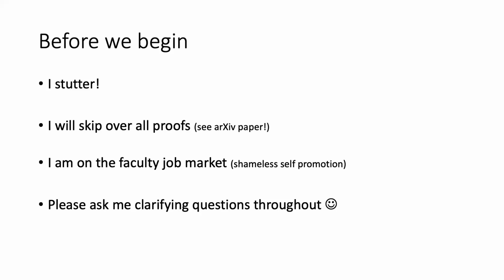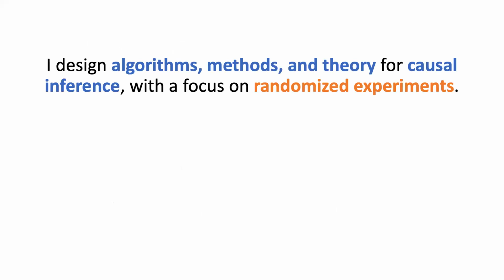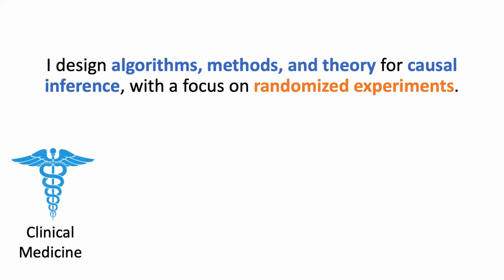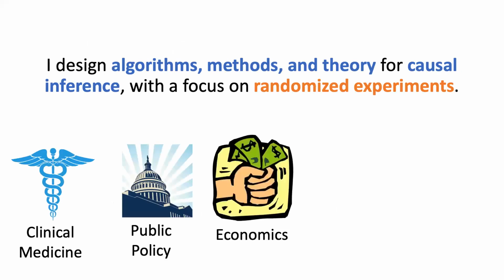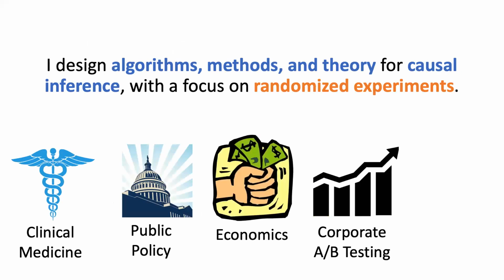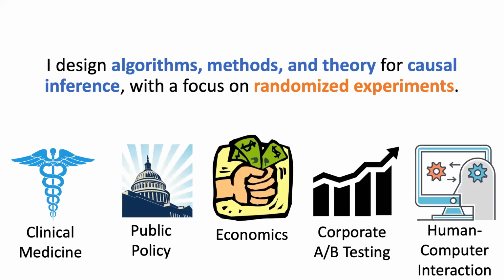Okay, so a bit about what my research is. I design algorithms, methods, and theory for causal inference with a focus on randomized experiments. And randomized experiments are one of the most ubiquitous causal inference methods, and they're used in a variety of disciplines, from clinical medicine, public policy, economics, corporate A/B testing, and even human-computer interaction.